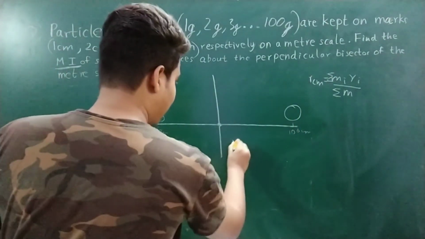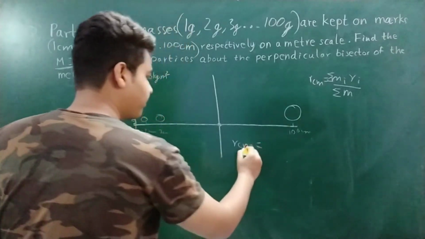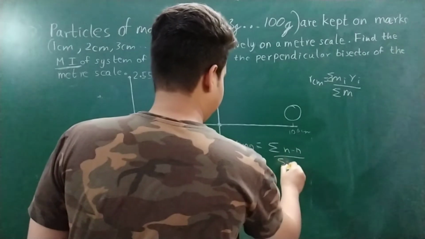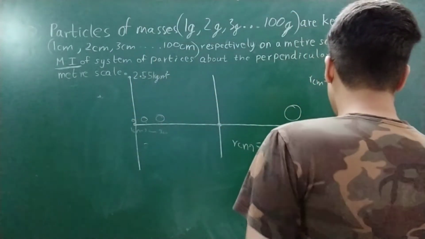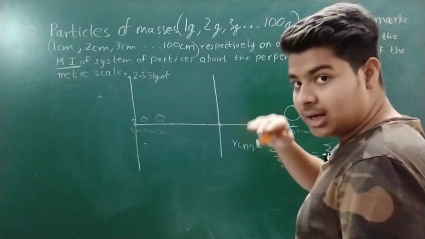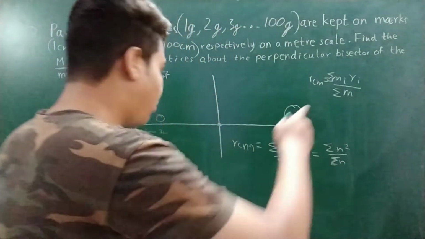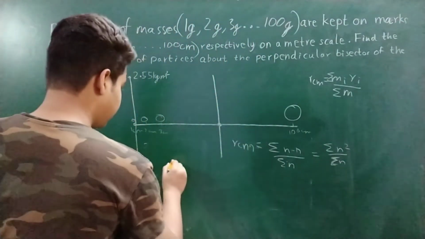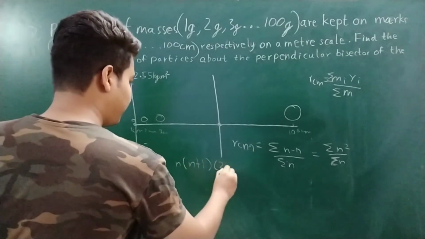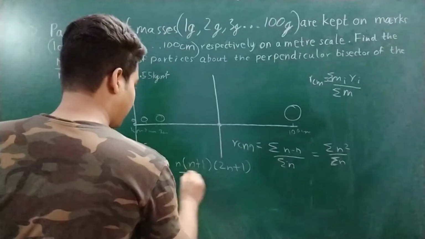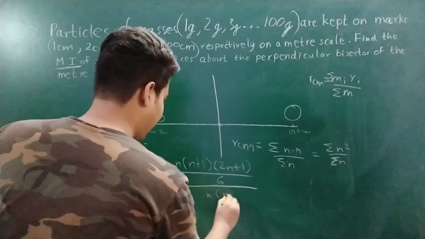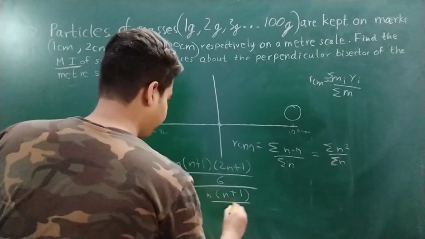Now it will be RCM equals summation of n multiplied by n upon summation of n, that is summation of n square upon summation of n. And as you all know, the n is still 100 from 1 to 100. What is the formula of summation of n square? It is n into n plus 1 into 2n plus 1 upon 6, upon n into n plus 1 by 2.